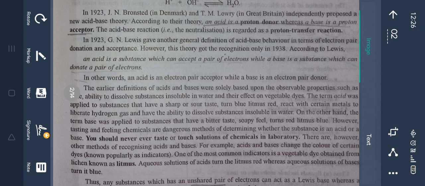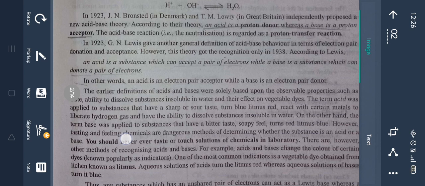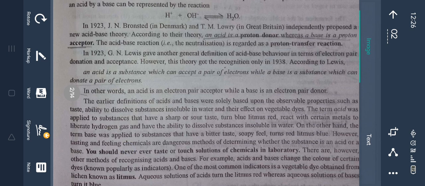The earlier definitions of acids and bases are solely based upon observable properties such as taste, ability to dissolve substances insoluble in water, and their effects on vegetable dyes.